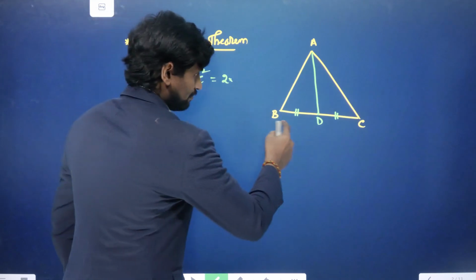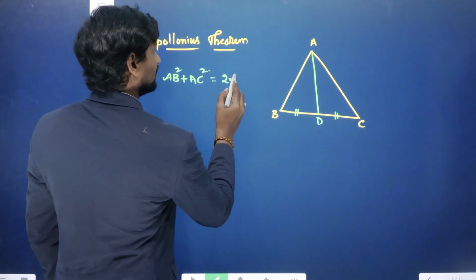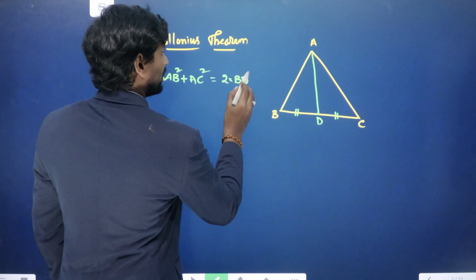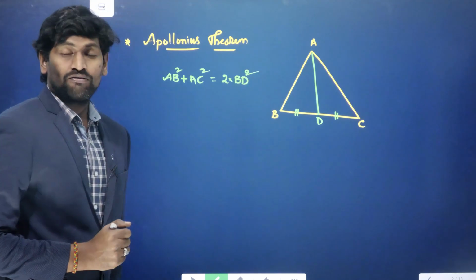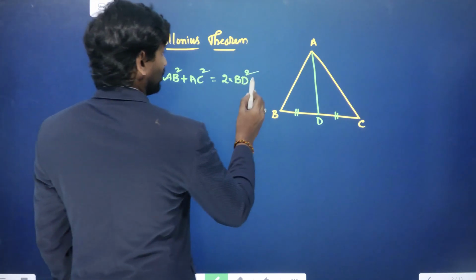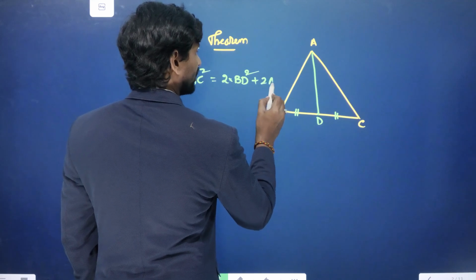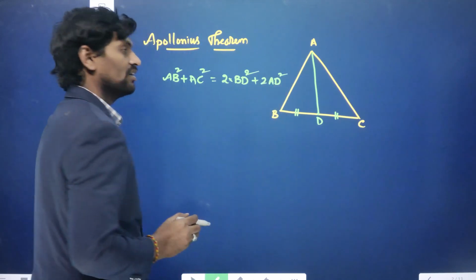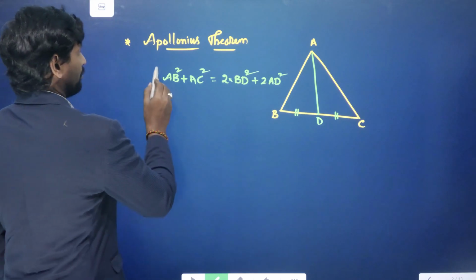What is the third side? BC. Half of the third side means BD. So this is the Apollonius theorem.